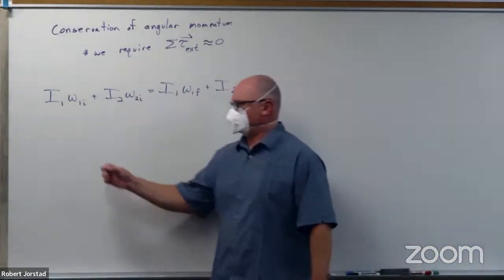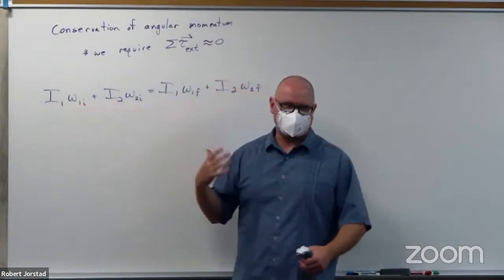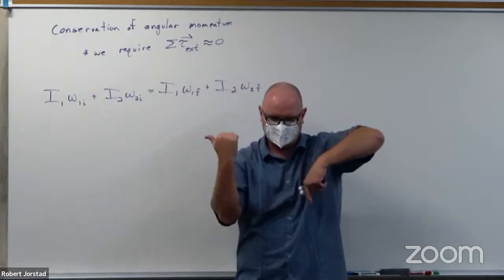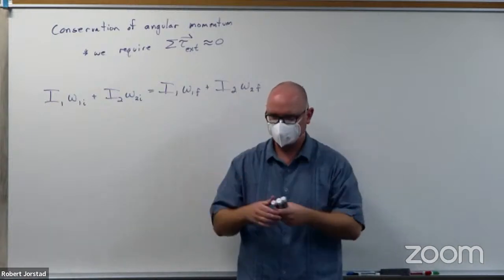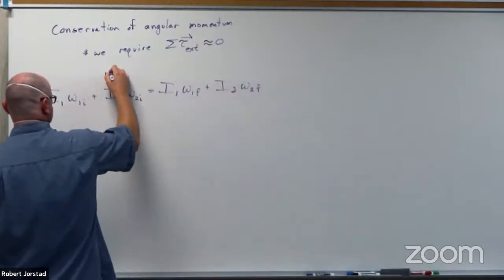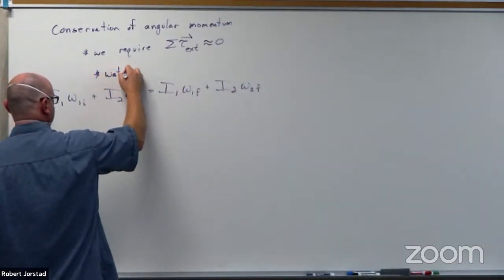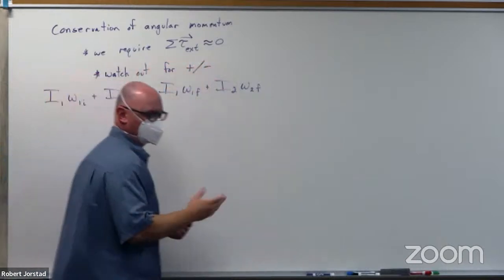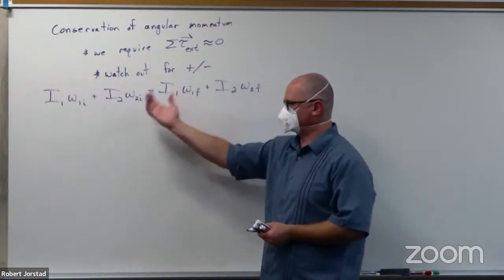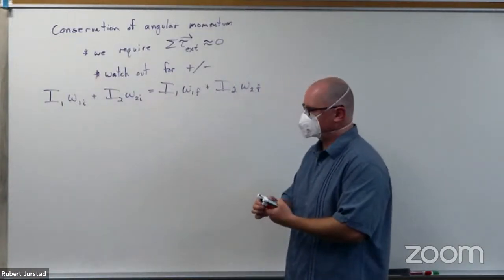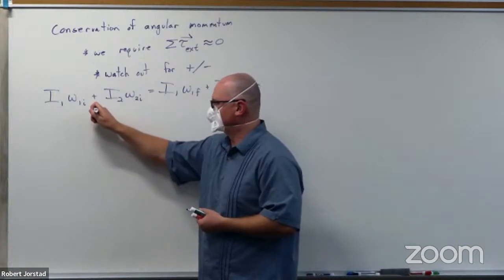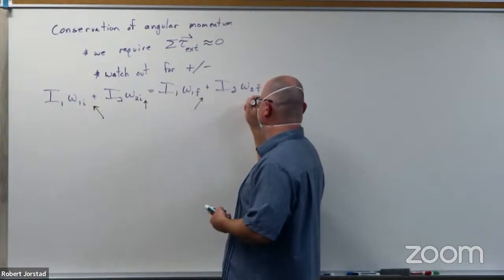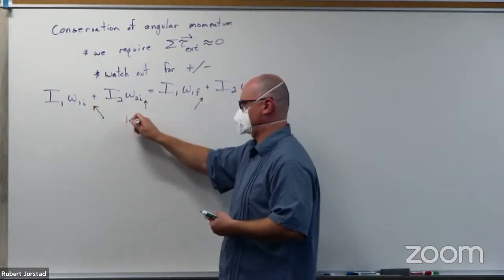What do we have to be careful with when you do a momentum problem from chapter 9? Momentum is a vector. Watch the plus minus signs. Some things could be rotating positive or negative, right? You could have a positive rotation or a negative. Said another way, on every single term here, there's an implied k hat usually.